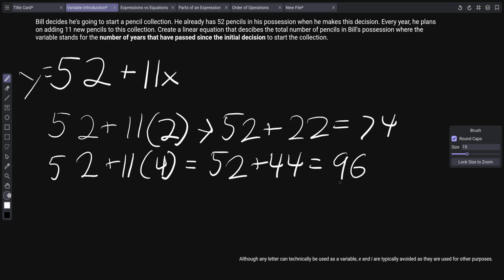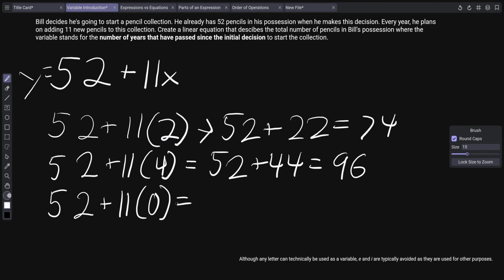Now, when I phrased this question, I made the variable stand for the number of years that have passed since the initial decision to start the collection. So in a certain sense, you can think of that exact time he started as year 0. That way, if we were to drop 0 into the equation, we would get 52 plus 11 times 0, right?